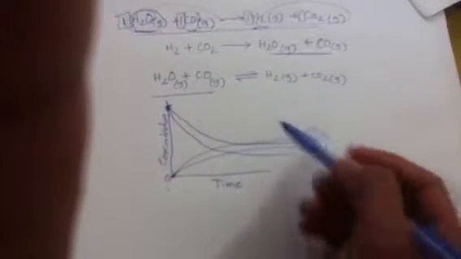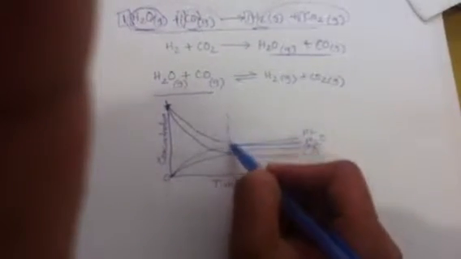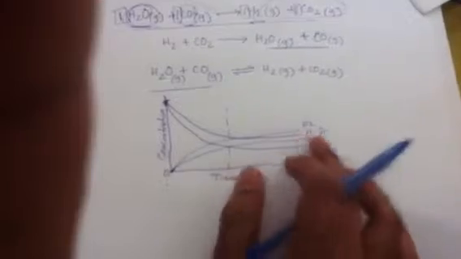At this stage, you can see the concentration of all my reactants and products are constant, they're not changing. This is called chemical equilibrium.